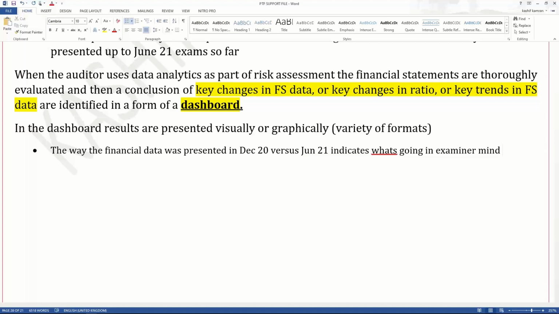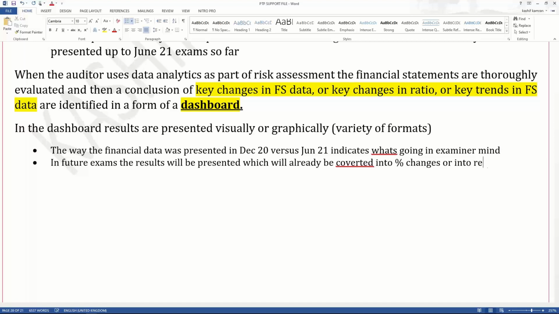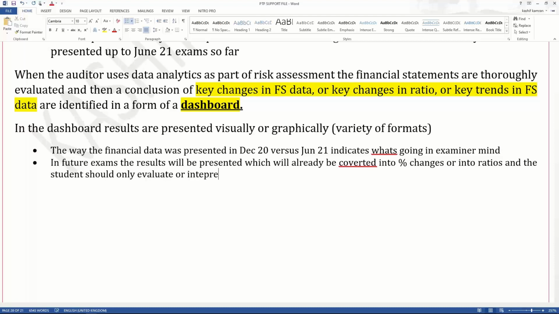That means the examiner wants that in future exams, the results will be presented already converted into percentage changes or into ratios, and the student should only evaluate or interpret the results presented to identify the risk.